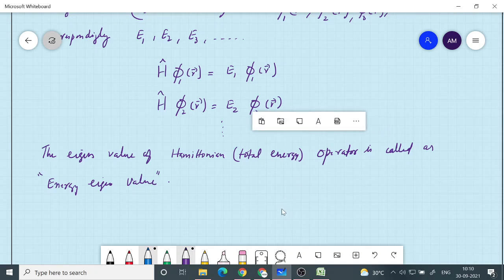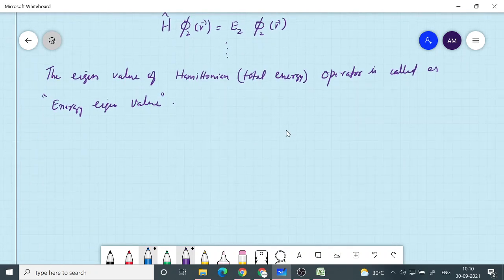The momentum px operator, if I write, similarly the eigenvalue equation for solving the momentum.